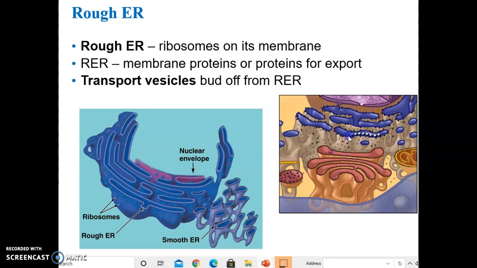And then here you go, the proteins can be destined for export out of the cell, or the proteins can be destined for the plasma membrane, or the proteins can become part of a lysosome. Just depends on what type of protein is being made. And the transport vesicles bud off of the rough ER, and they transport the proteins around.